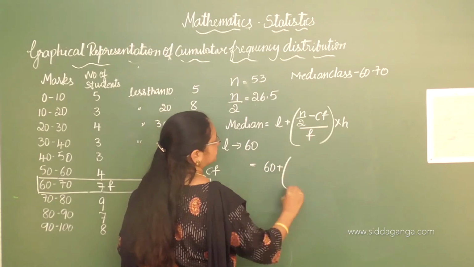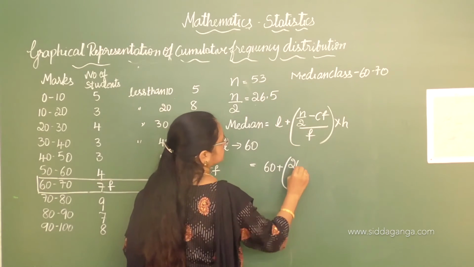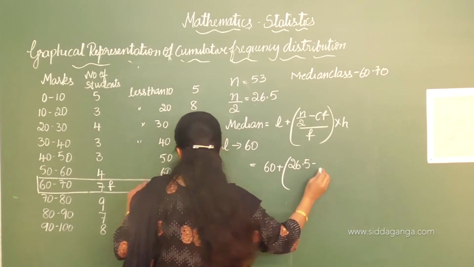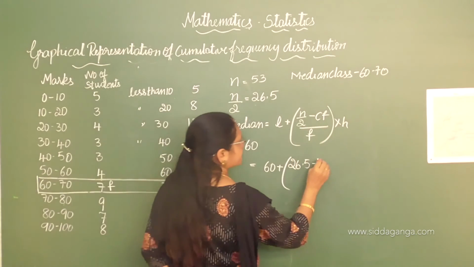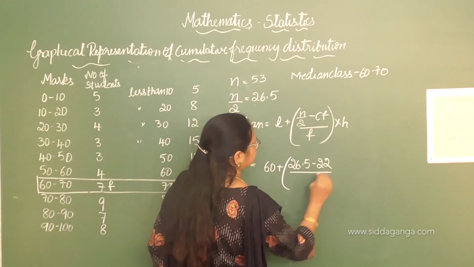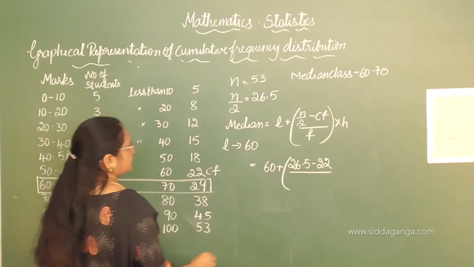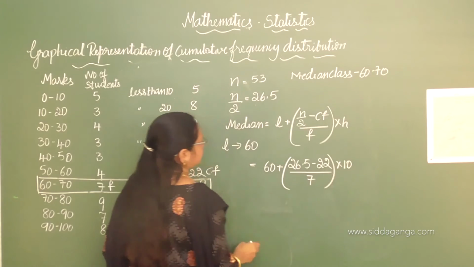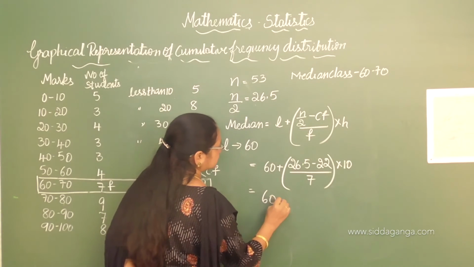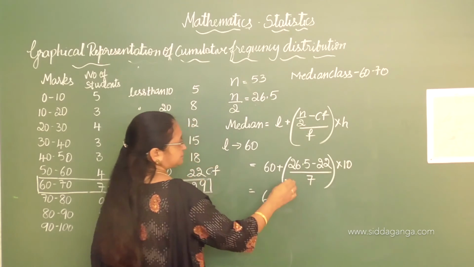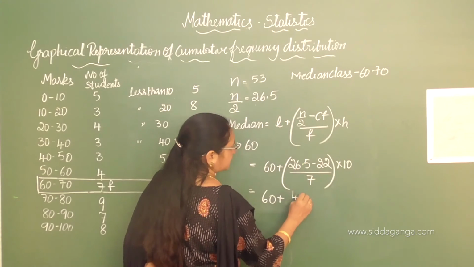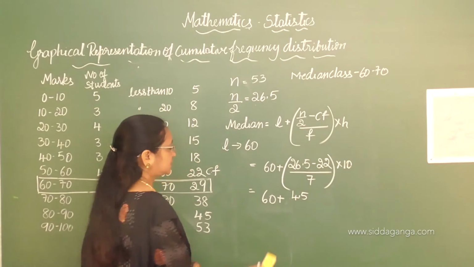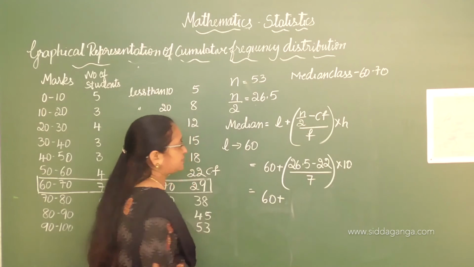So let us put the values here. 60 plus 26.5 minus cumulative frequency 22, divided by frequency 7, into 10. Now 60 plus, when you subtract this you will get 4.5 into 10.